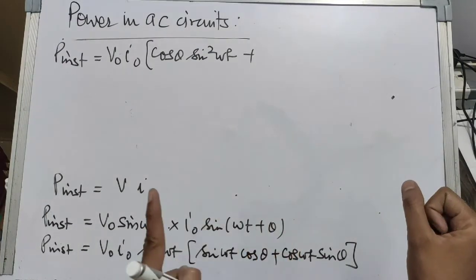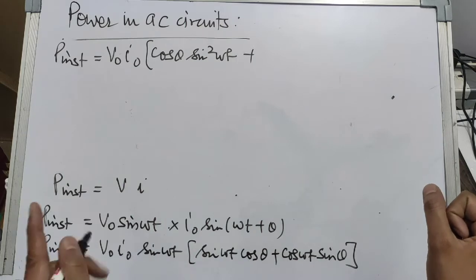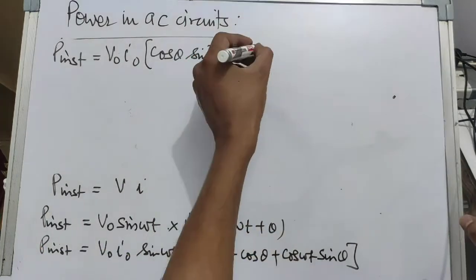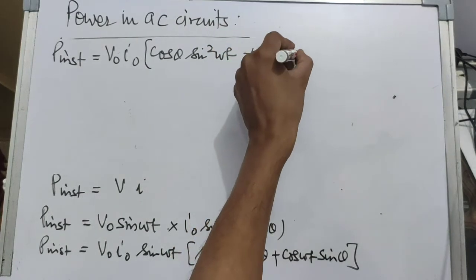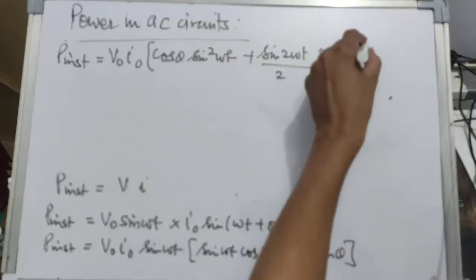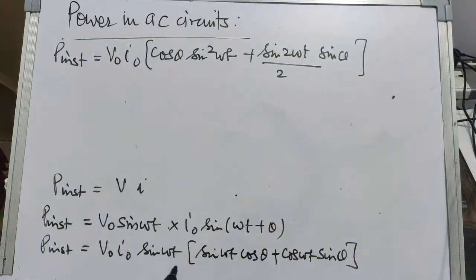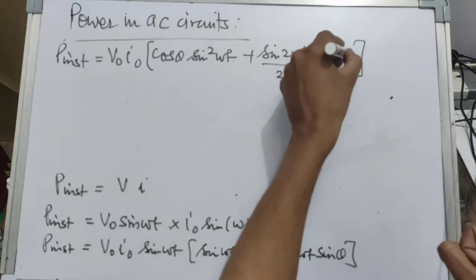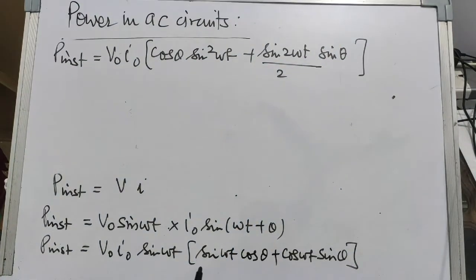Sine 2 theta is 2 sine theta into cos theta, so sine omega t cos omega t is sine 2 omega t by 2, into sine theta. This is the expression for instantaneous power. At any instant we can find the power developed in the circuit.